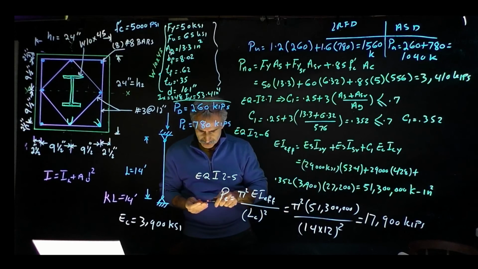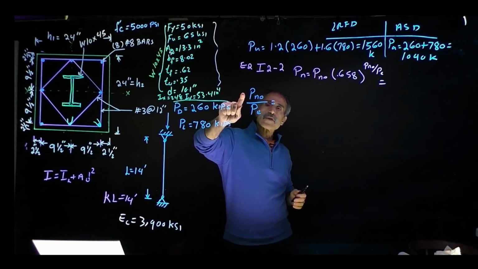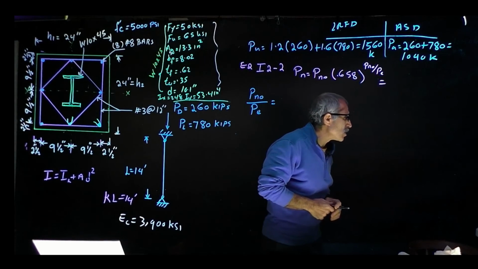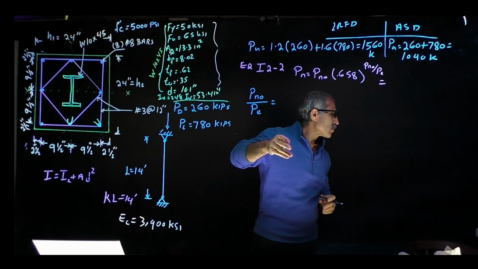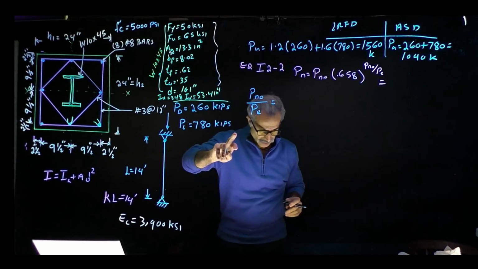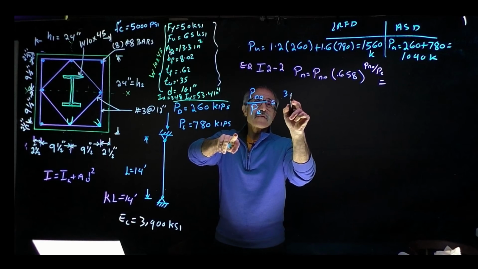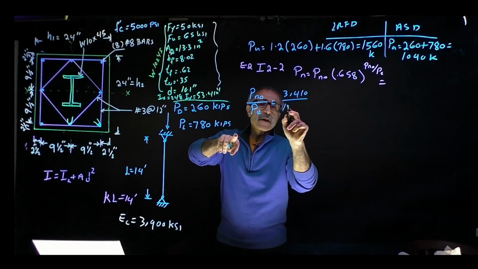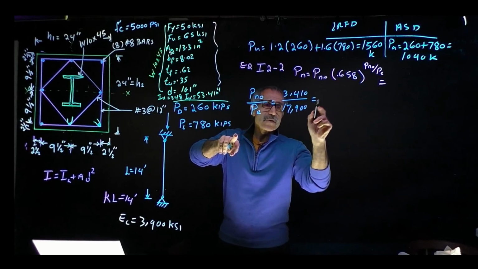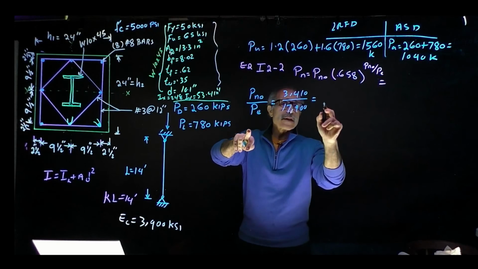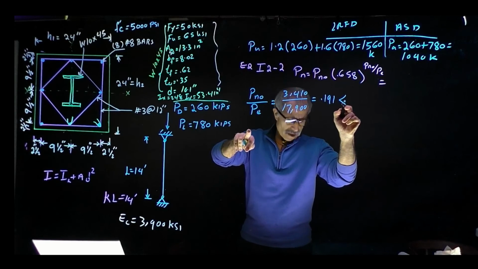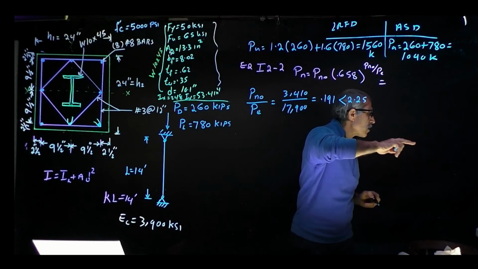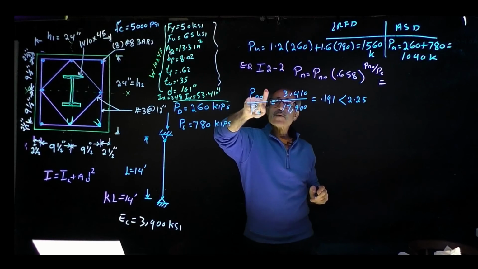We're going to continue. So now we want to find out the ratio Pno divided by Pe, per spec in section I2, whether it's going to be less than 2.25 or more than 2.25. So that came out to 3,410 divided by 17,900, which comes out to 0.91, which is less than 2.25. And per spec, that means we can use equation I2-2.